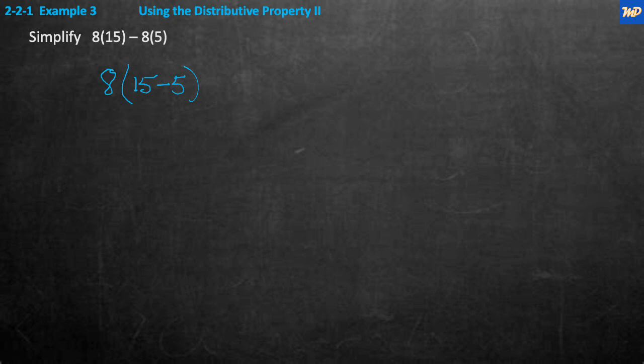And now that you've done that, you can say 8 times what? 8 times 15 minus 5 is 10. Made fast work of that. 8 times 10 equals 80. You see that? We pulled the common factor out of these two numbers. Consider this as a number. 8 times 15 is a number.